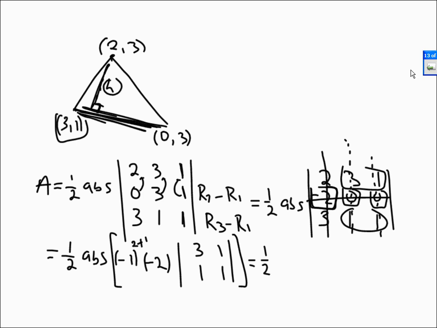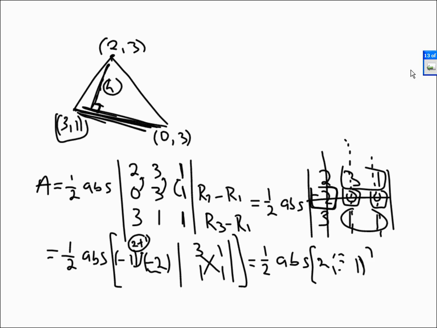You get 1/2 the absolute value of, this is an odd number, so -1 to 3 is -1, times the -2 is 2, times the determinant, 3 minus 1. Oops. 3 minus 1. I had 2 in my mind. 3 minus 1 is 2.